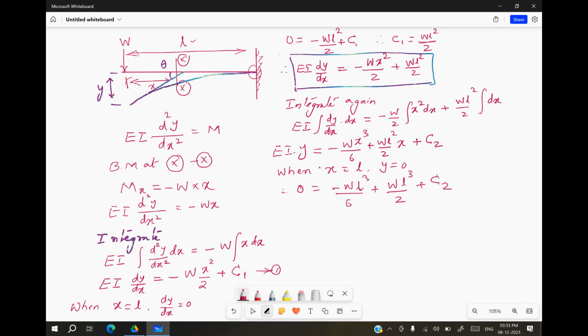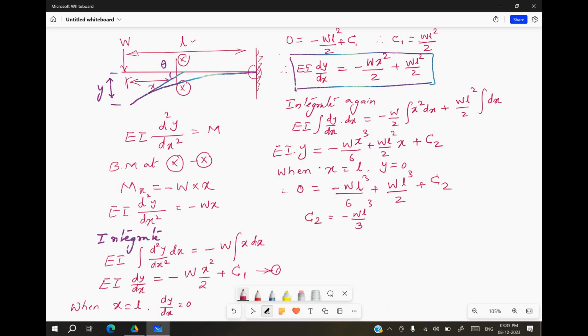By taking the LCM, C2 can be written as minus WL³/3.